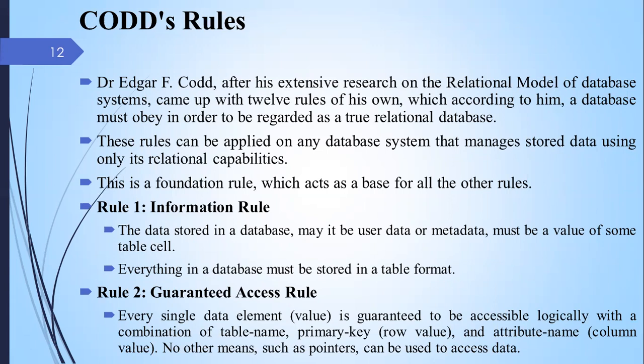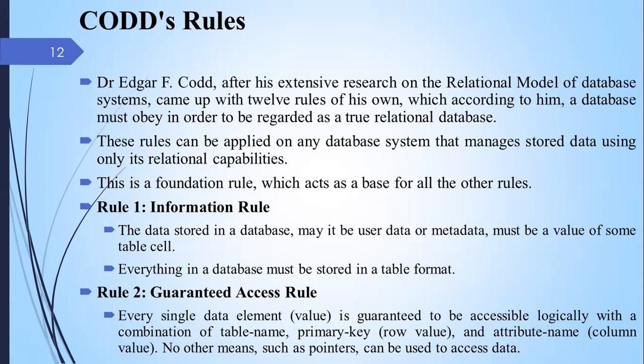It is very important that these rules are applicable only where the database system uses its relational capability. This has become the foundation rule, which acts as the base for all other rules. So other rules based on the relational database management system can be formed based on these 12 rules.